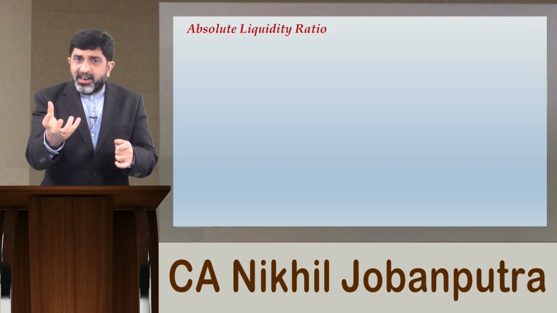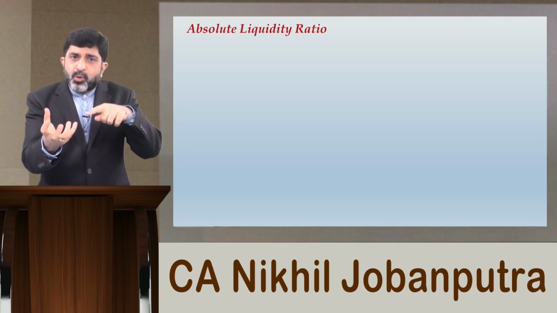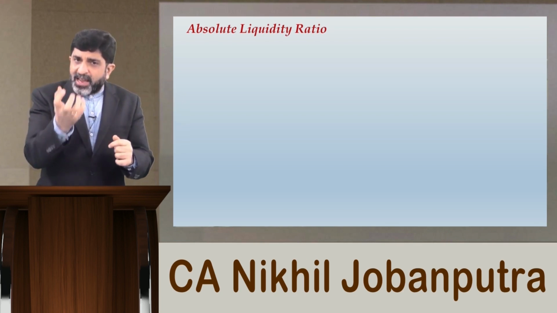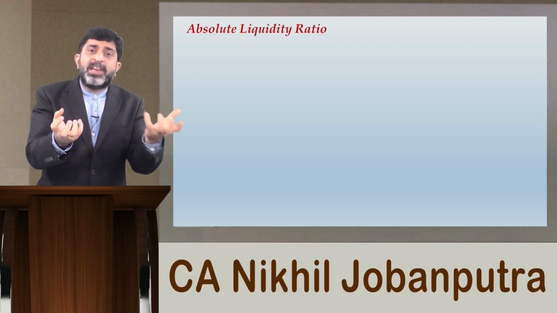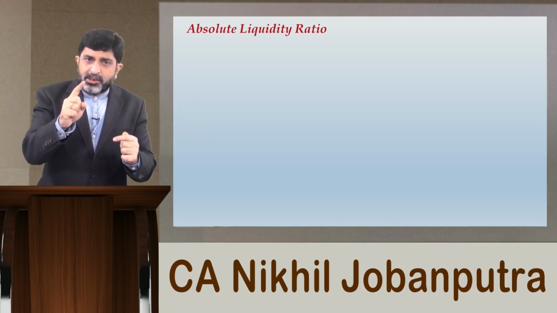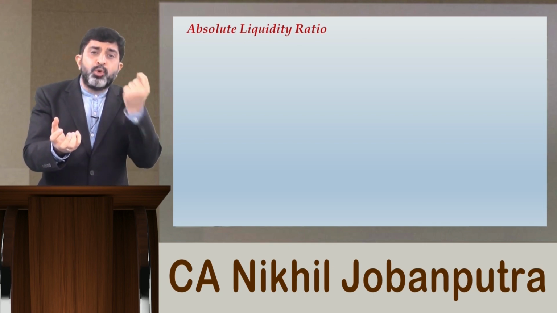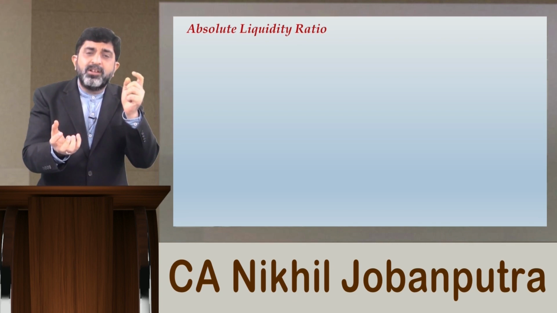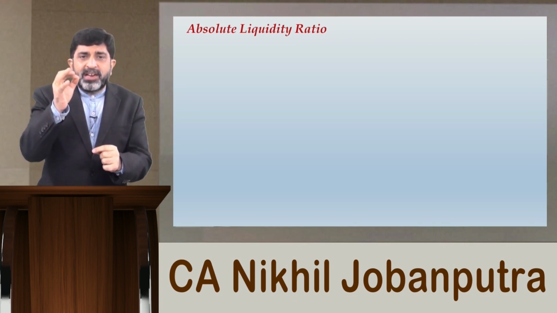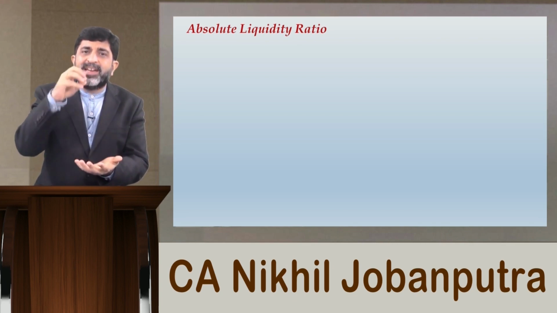Against current liability, how much of current assets you have, that is current ratio. Against current liabilities, how much of liquid assets you have, that is quick ratio. And against current liabilities, how much absolute liquidity you have, that is absolute liquidity ratio or absolute liquid ratio.